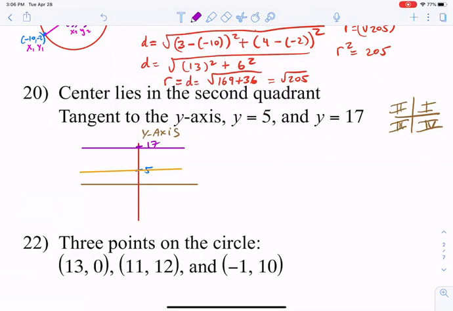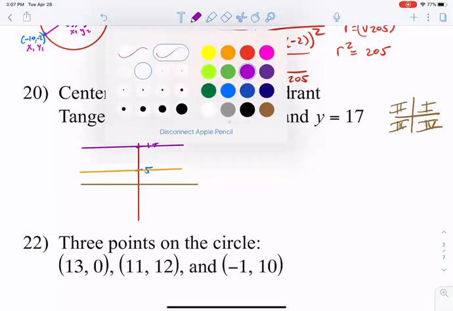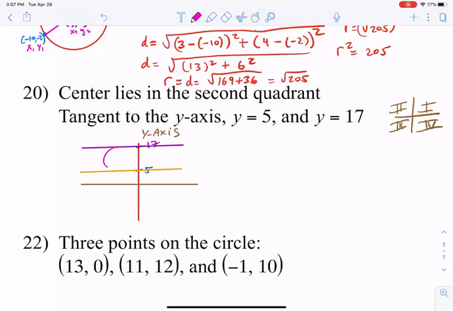So this circle is tangent to the line y equals 17, the line y equals 5, and the y-axis. And they're saying the center lies in the second quadrant. So this circle must be here. Remove that circle because they're saying it's tangent to that.